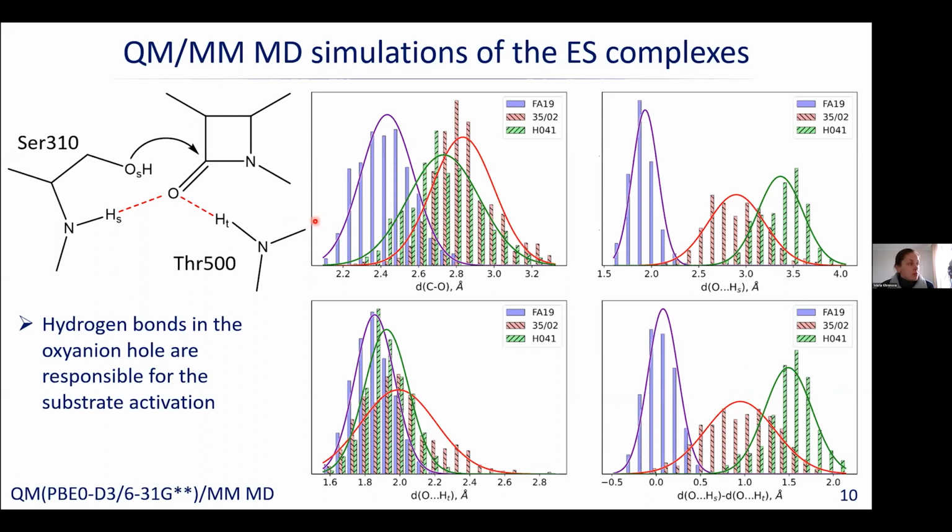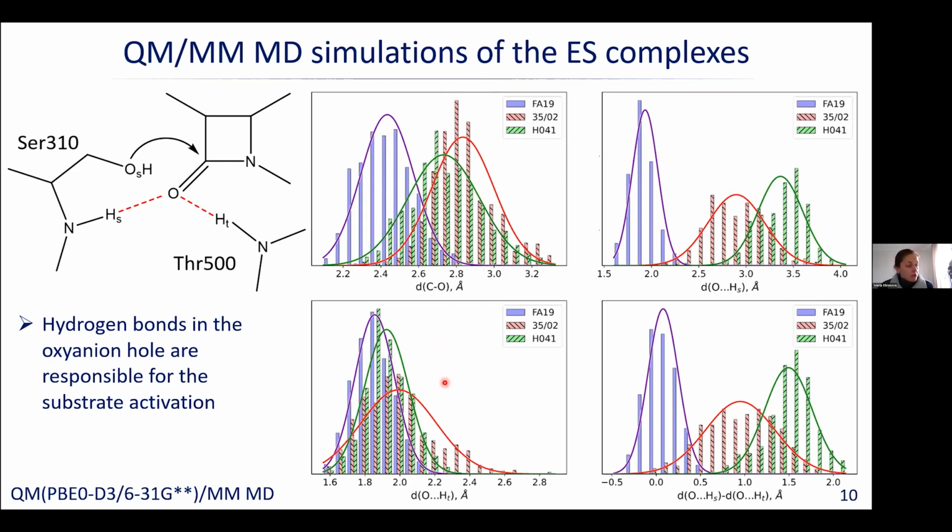So here you can see these distributions. As for the nucleophilic attack, the distribution is shifted to the smaller values in case of PBP2 from the wild type strain. Still, we cannot discriminate these two mutant strains from each other.